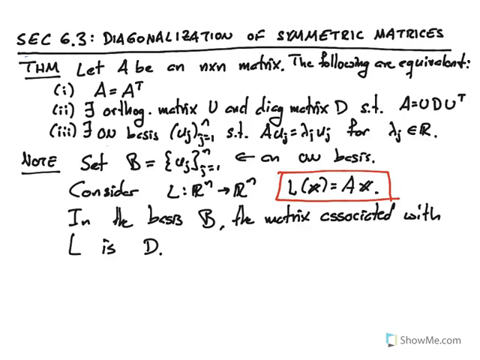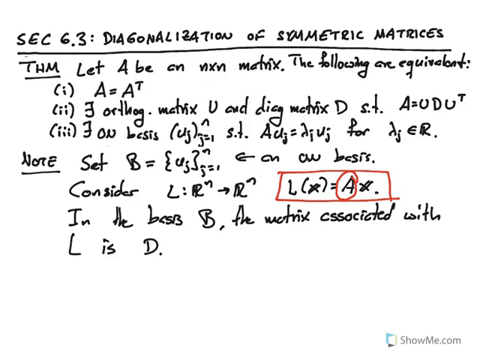And if you use the standard basis, the canonical basis, then the matrix representation is A. But that's not the only basis that exists for Rn. In particular, if you choose as the basis the eigenvectors, then you get the very useful fact that the linear map L becomes a diagonal matrix, which means simply that it's a rescaling of the diagonal.